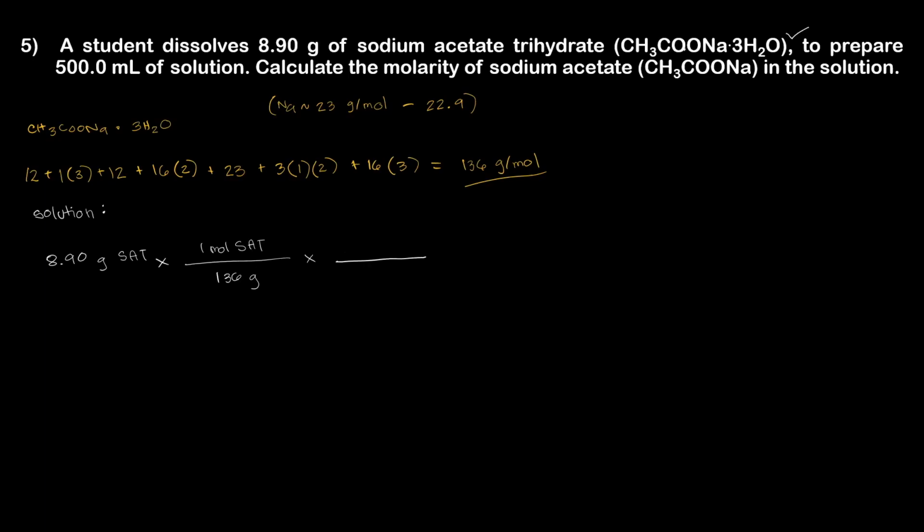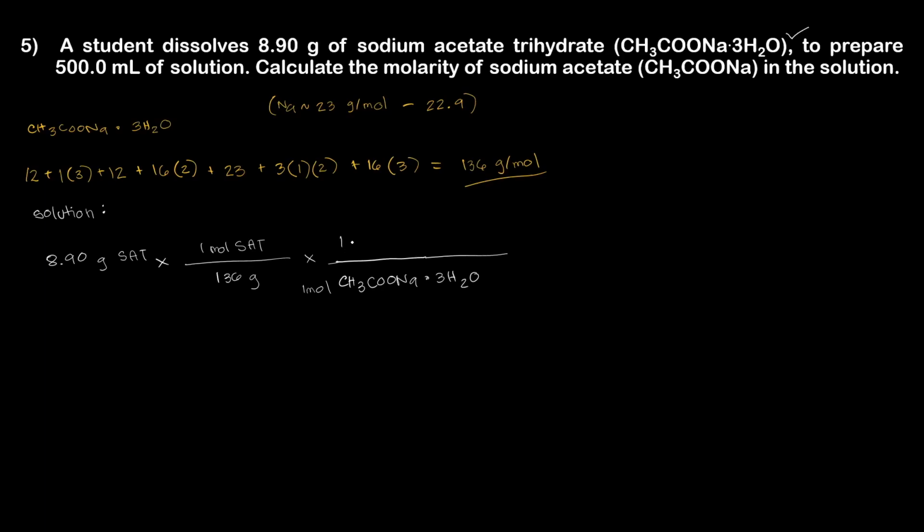I'm showing you this. 1 mole of SAT, sodium acetate trihydrate, is basically this one, right? Let's write it in its chemical formula: CH3COONa·3H2O. So 1 mole of CH3COONa·3H2O is sodium acetate trihydrate, and we want to convert it to sodium acetate. How many moles of sodium acetate are in a mole of sodium acetate trihydrate?